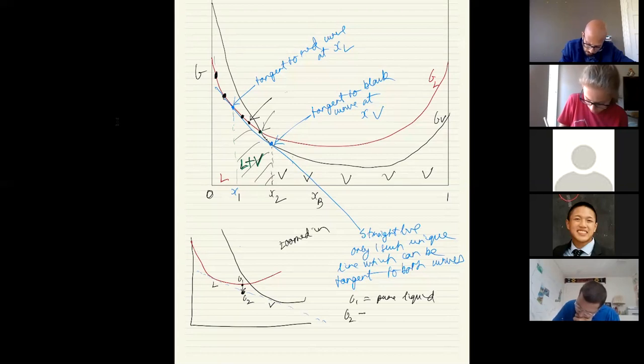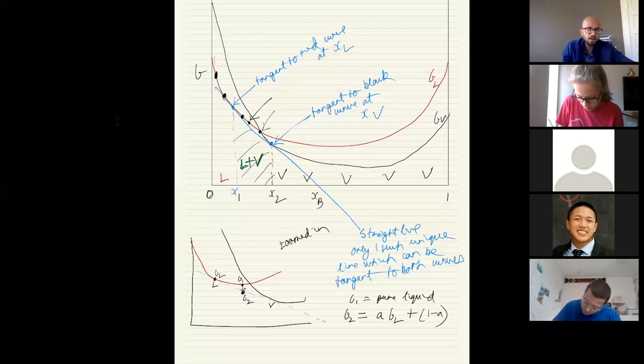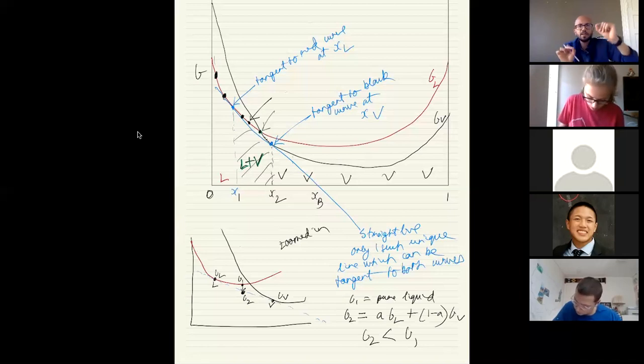G2 is equal to some combination: A multiplied by G liquid over here, plus 1 minus A, because things have to add up to 1, multiplied by G vapor over here. As you can see, G2 is always lower than G1. Therefore, it's in the interest of the system, if it lies between two common tangent points, to drop down and exist as a two-phase region.